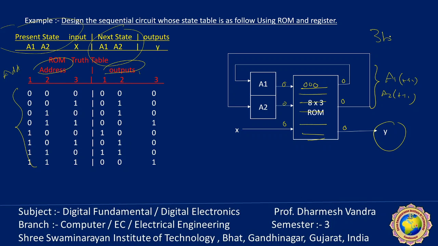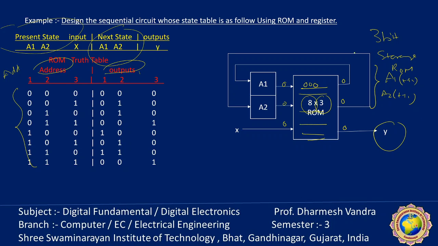So it is a 3-bit storage ROM. The ROM table is identical, and the size is 8 by 3: 8 means 8 addresses, and 3 bits of data at each address. So remember that, with the help of ROM and combinational circuit, we can design any type of sequential circuit implementation.